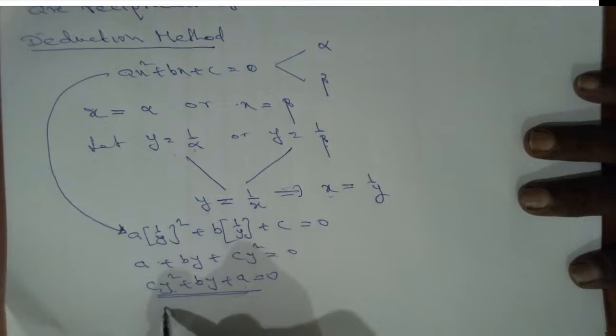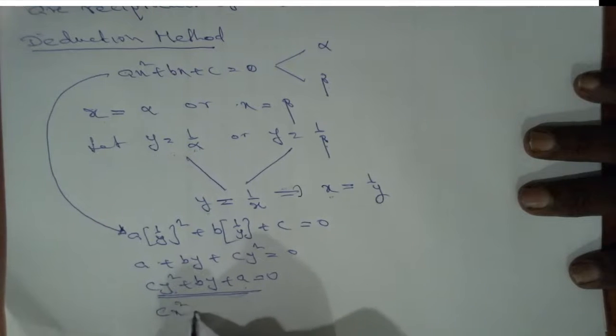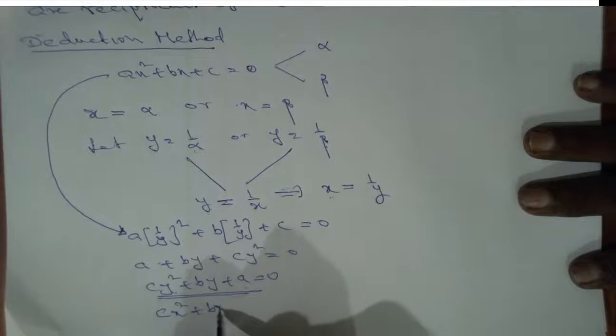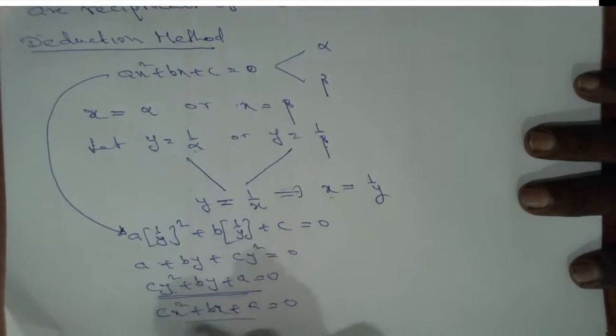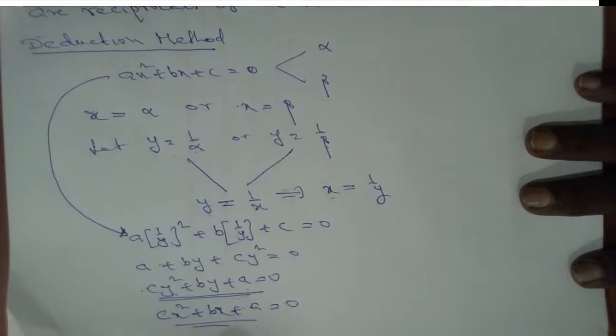If you want, you can put it in terms of x. Same equation, both are the same, right? This is not back substitution, just a change of the dummy variable, right?